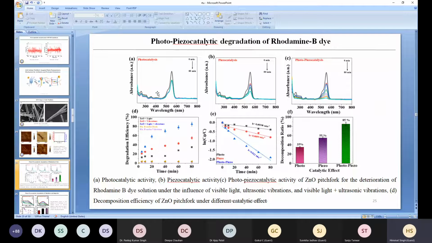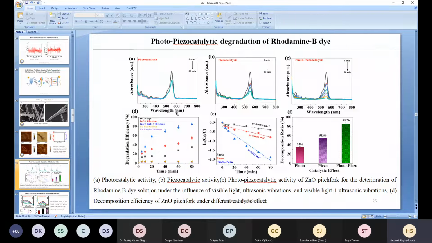So there is not significant degradation up to 80 minutes. When we apply the piezo force, the degradation percentage is much higher than the photocatalytic process. And when we couple these two processes, a synergistic effect is generated, and within 80 minutes, up to 85 or 90% degradation is achieved with this photopiezocatalytic process.